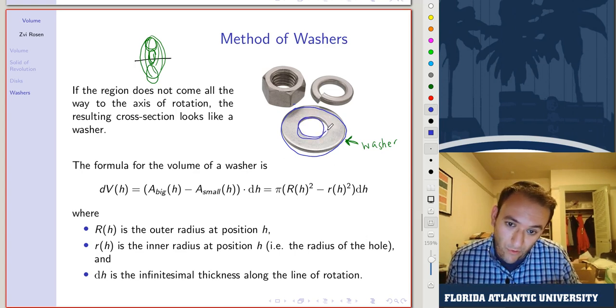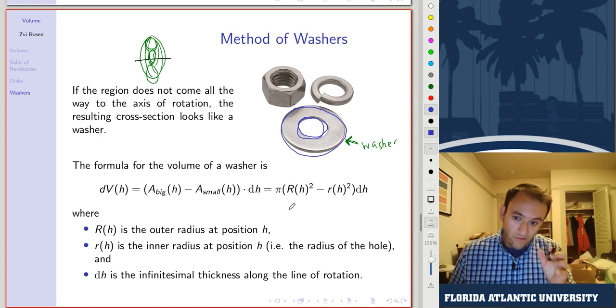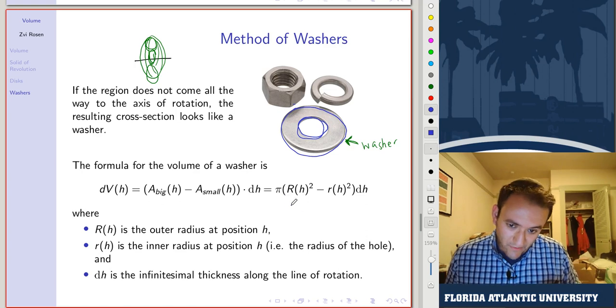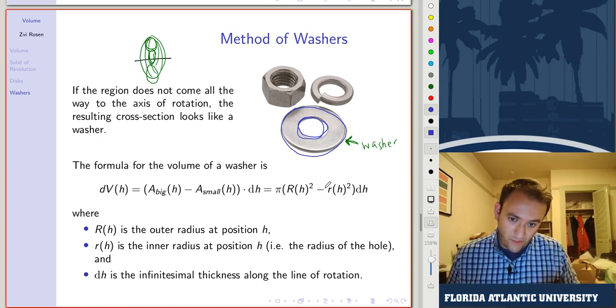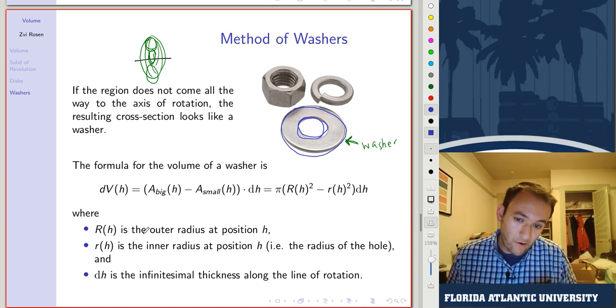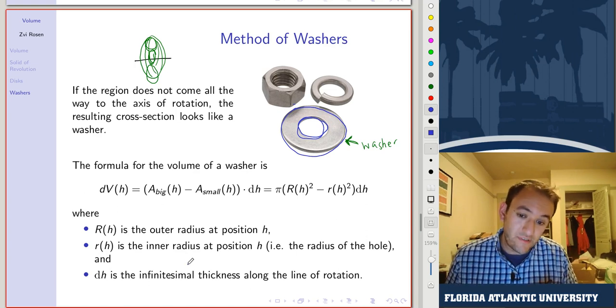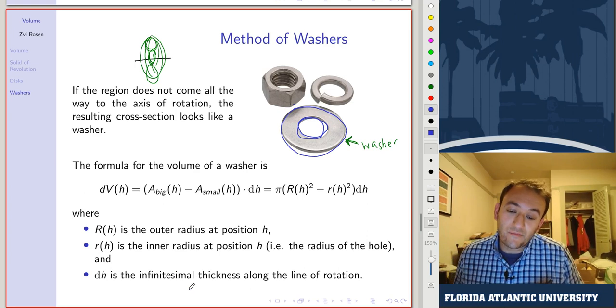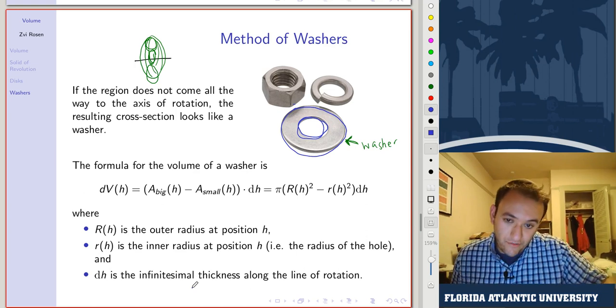So you take out the hole. You compute the entire thing, and then you take out the hole in the middle. And that's given by pi times big R of H squared minus little r of H squared dH, where big R is the outer radius at position H, little r is the inner radius at position H, i.e. the radius of the hole, and dH is the infinitesimal thickness along the line of rotation.